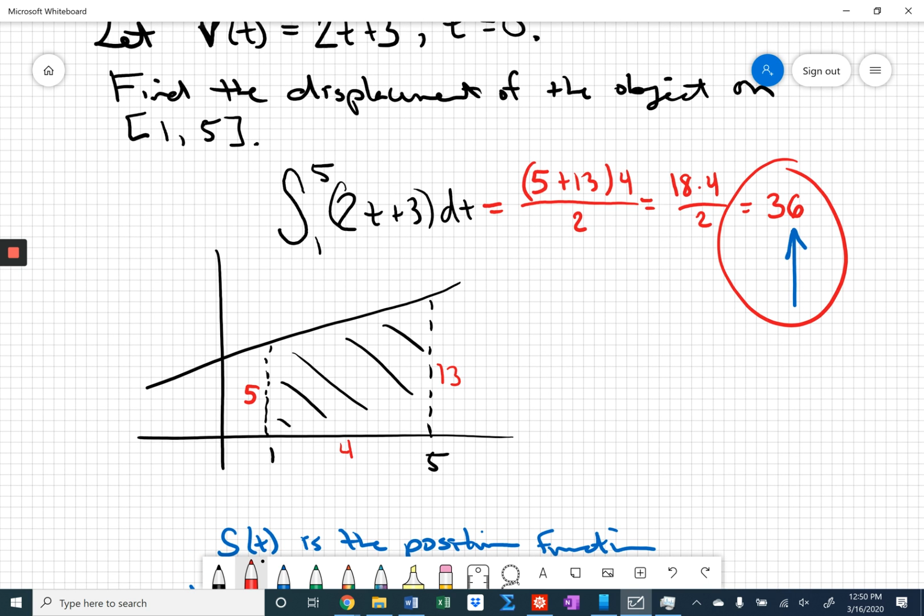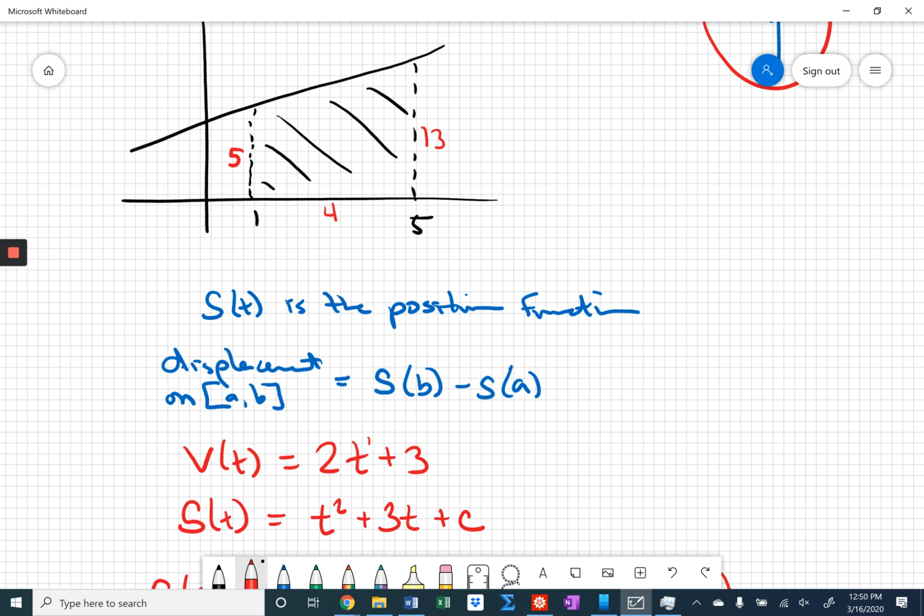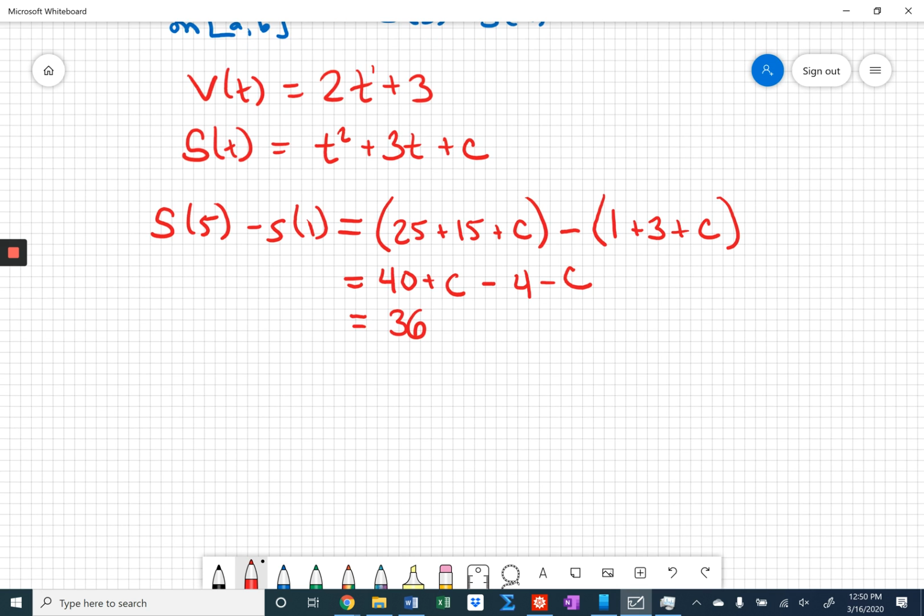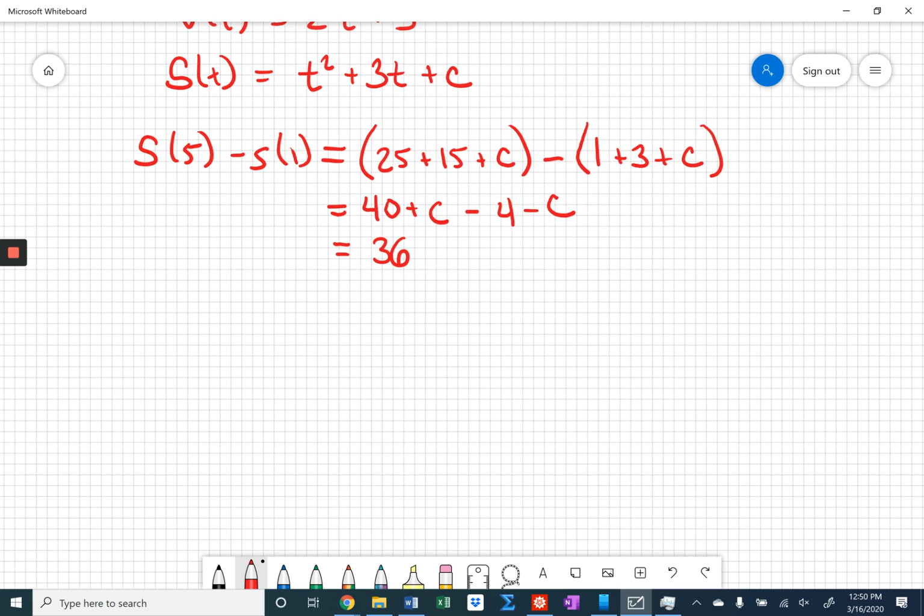That's kind of amazing. Or coincidence? Well, I think not. Well, what did we just learn here? We just took the integral from 1 to 5 of the velocity function v of t, and found that the area that we found there was exactly the same as taking the position function at 5 and subtracting from it the position function at 1, or finding the displacement.